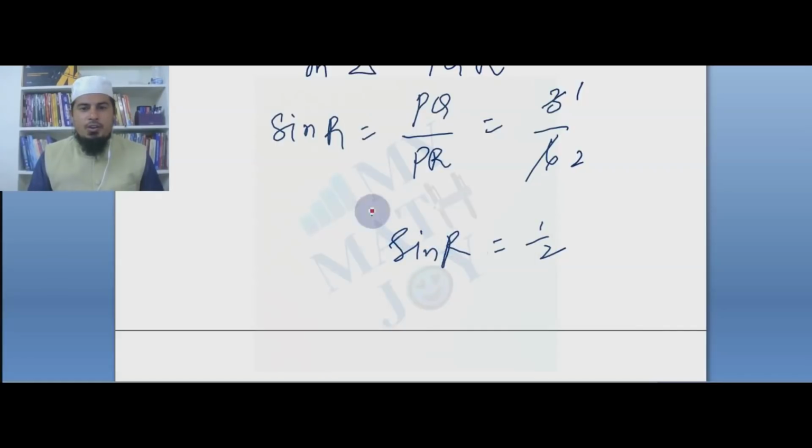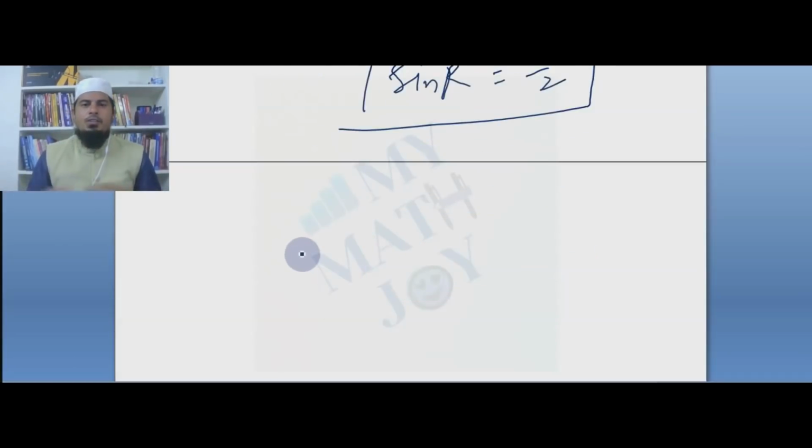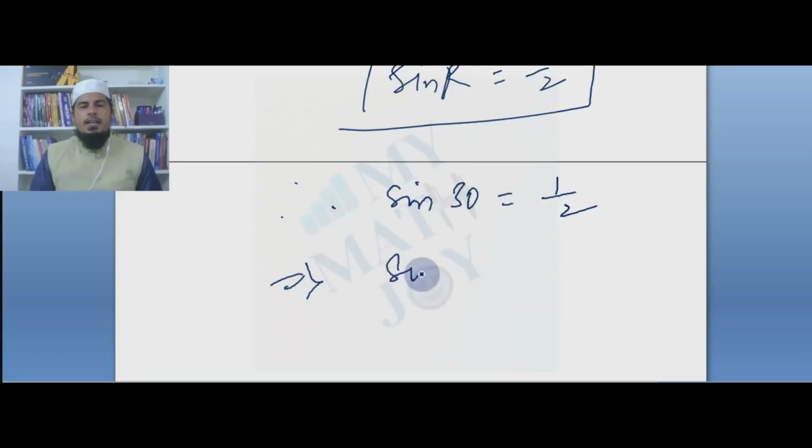So sine R is 1 by 2. Go to the standard table and check: sine 30 degrees is 1 by 2, so sine R should be sine 30. It means R must be 30 degrees.